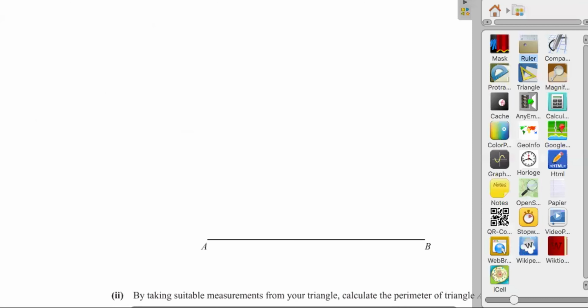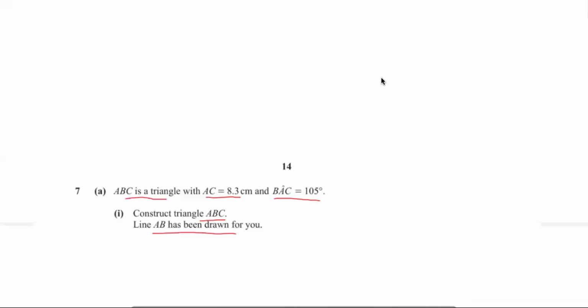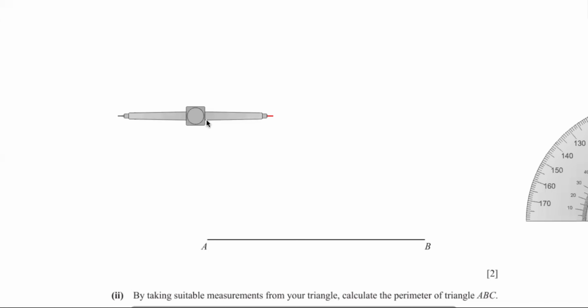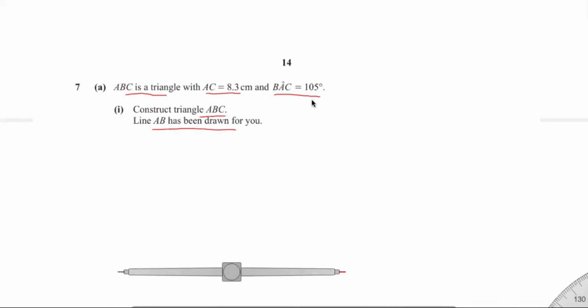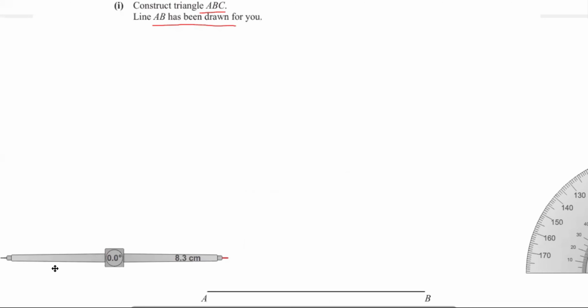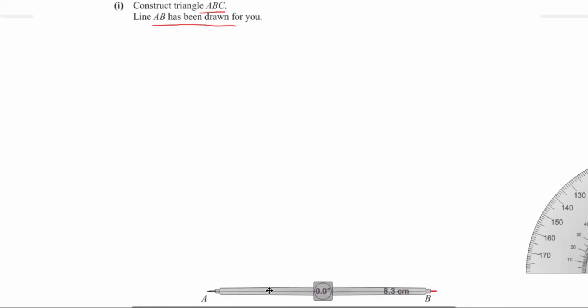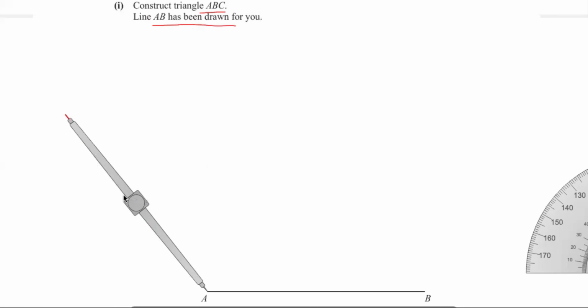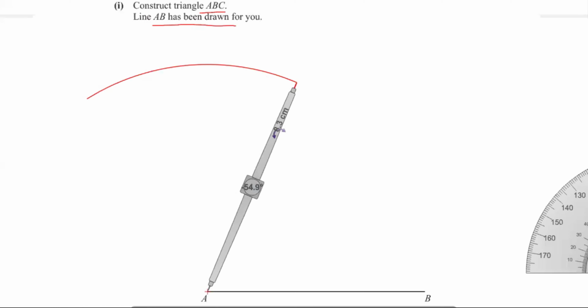Now we draw the arc of 8.3 centimeters from A to C. We draw the arc using a compass set to 8.3. You see here, this is the 8.3 centimeters.